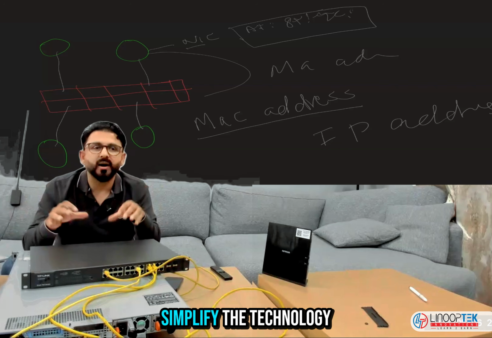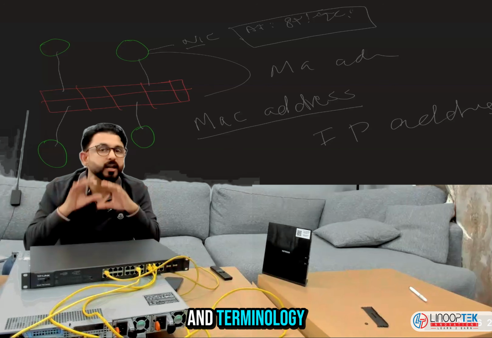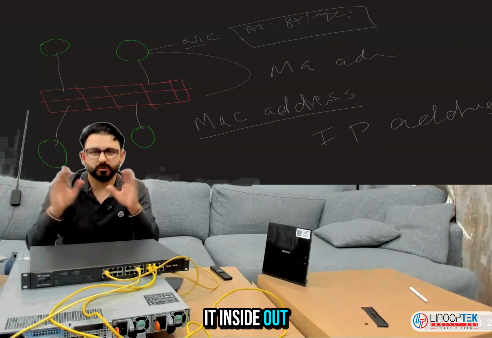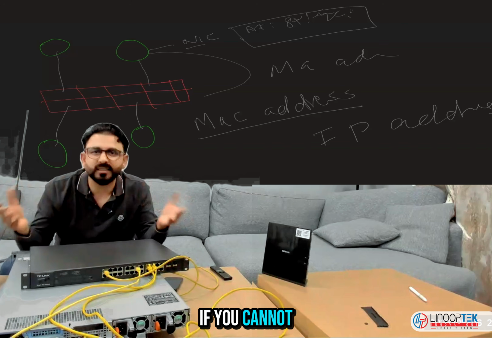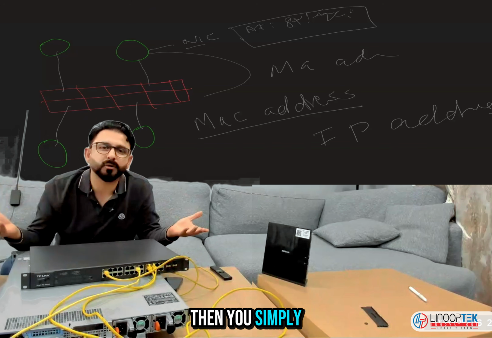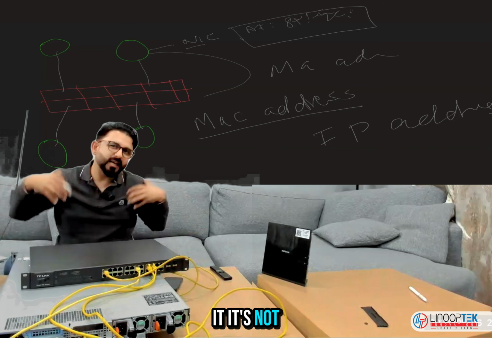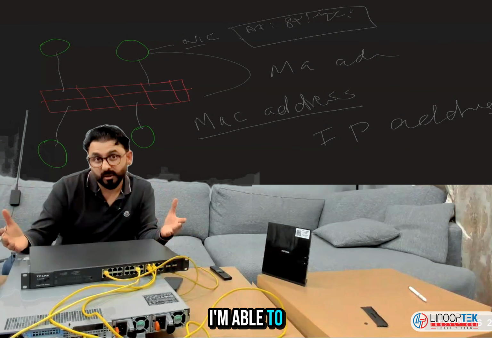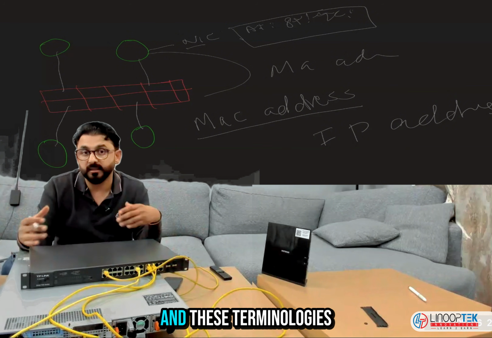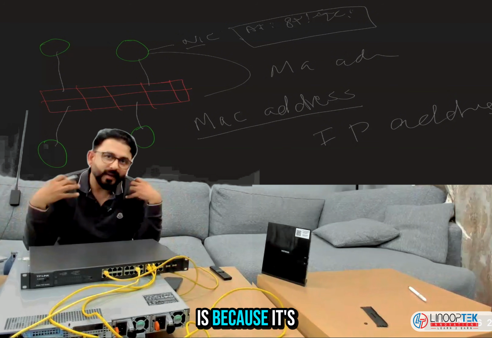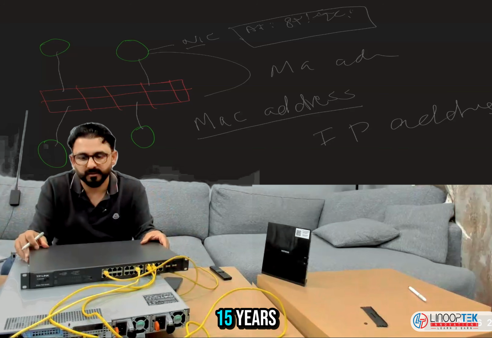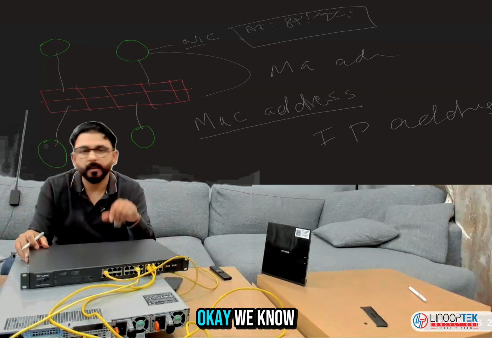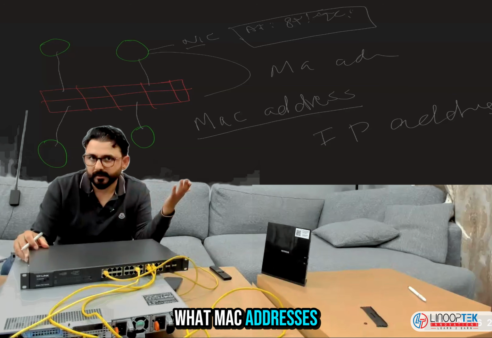If you can simplify the technology and terminology, then you understand it inside out. If you cannot simplify it, then you simply do not understand it. It's not in your system. The reason I'm able to simplify these technologies is because it's been in my system for the last 15 years.